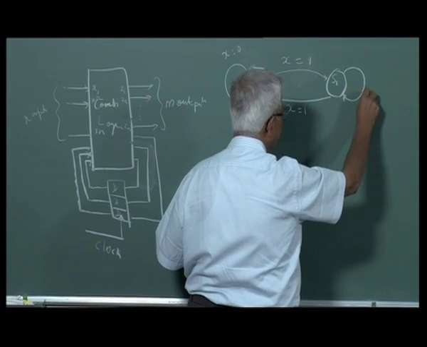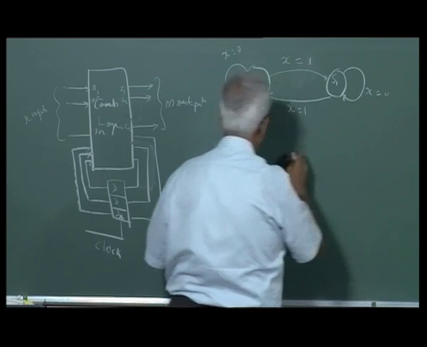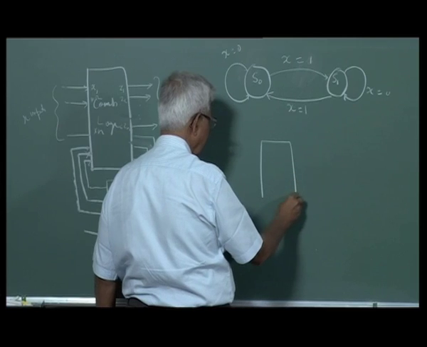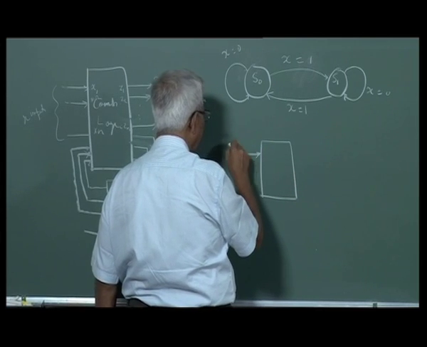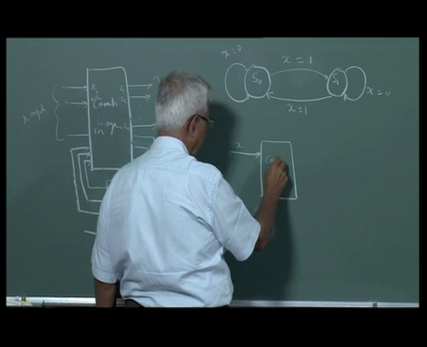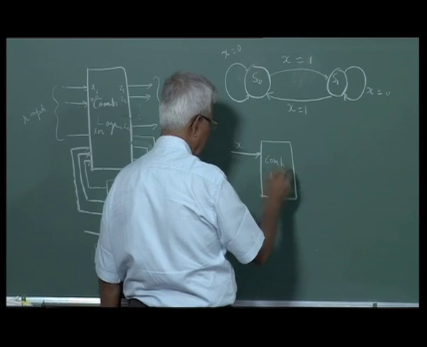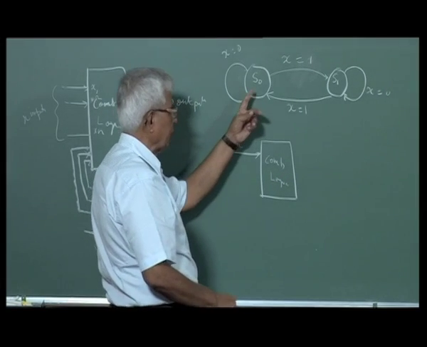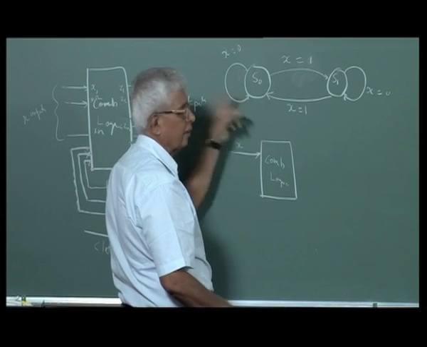So what is this circuit? This is a simple circuit with one input x and two states. If the present state is S0 and you give x equal to 0, it remains in S0.